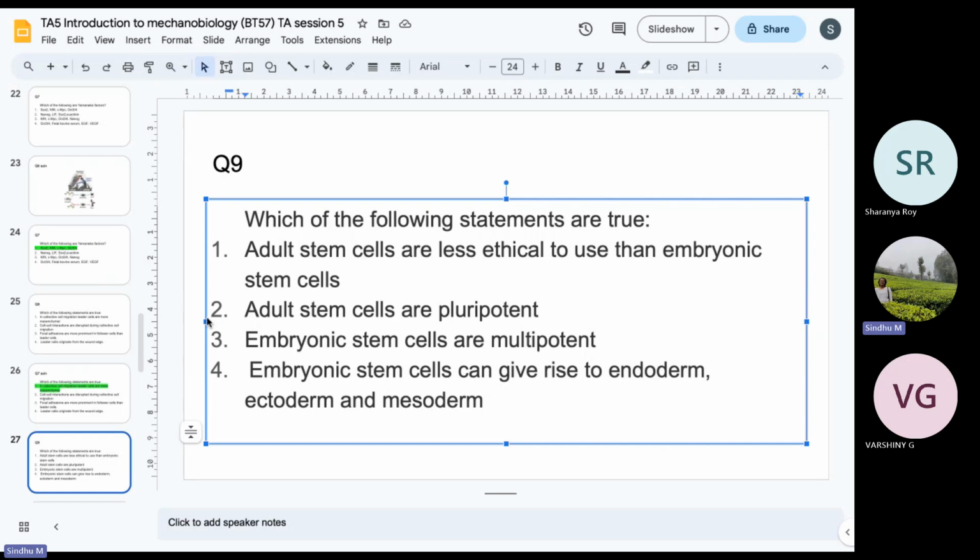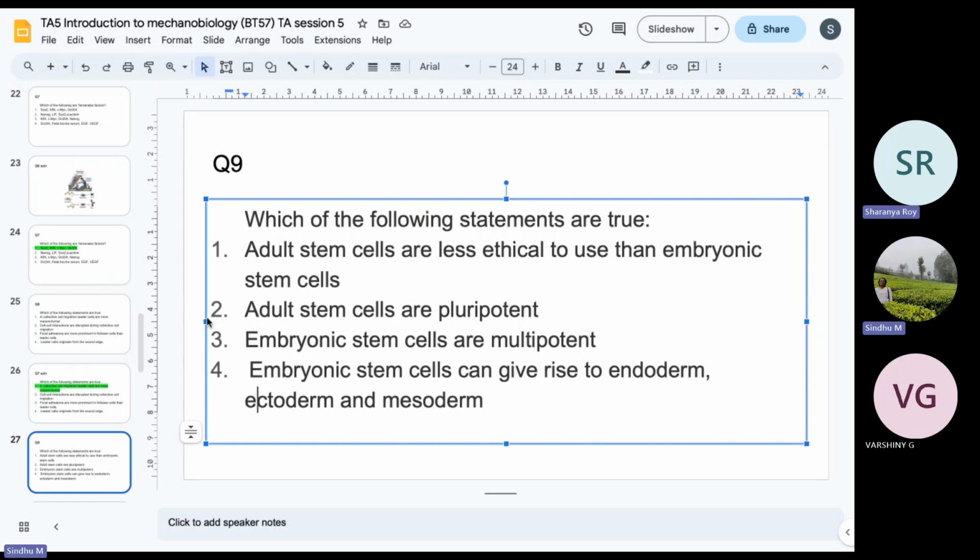So, to replace the cells that are being removed, there are stem cells in the villi, right? In the bottom of the villi, there are stem cells. So, as the cells in the top are getting removed, the cells in the bottom keep differentiating. So this is just one example in the intestine.